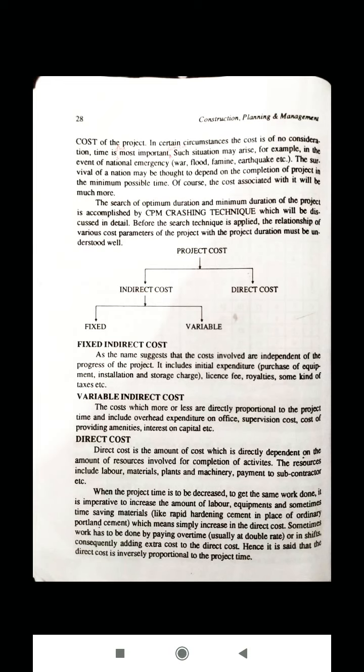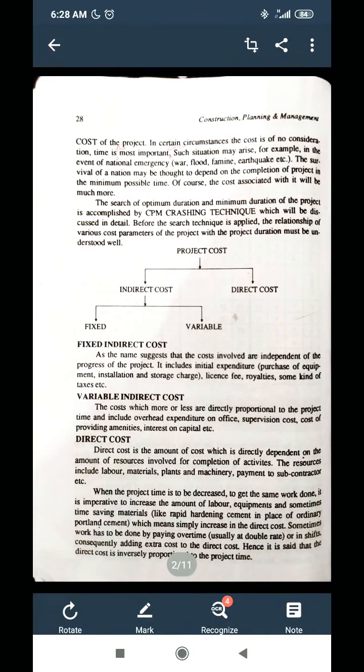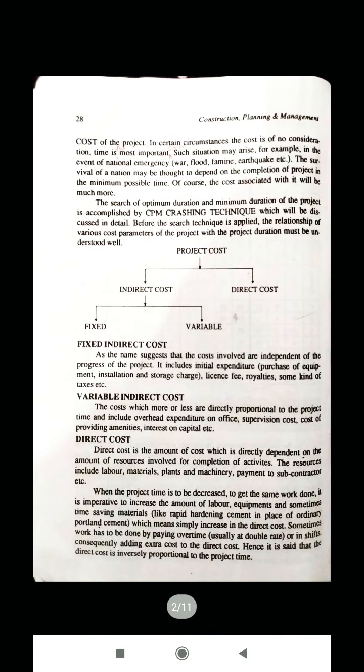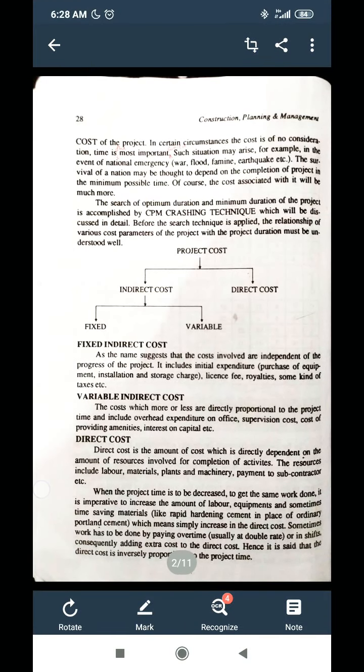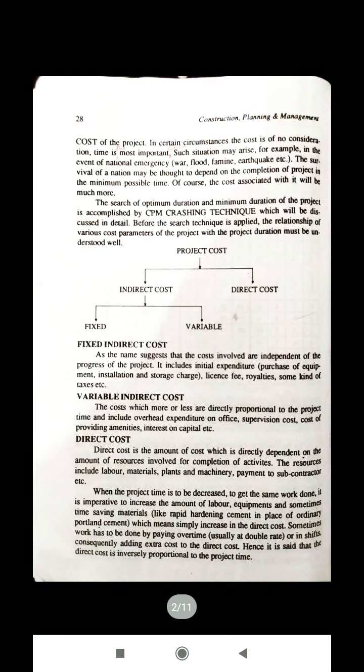We have discussed earlier that all construction projects, civil engineering projects and infrastructure projects involve a huge amount of resources, which include manpower and a huge amount of money. So we want to know what the minimum cost can be, and what duration will yield the minimum cost.